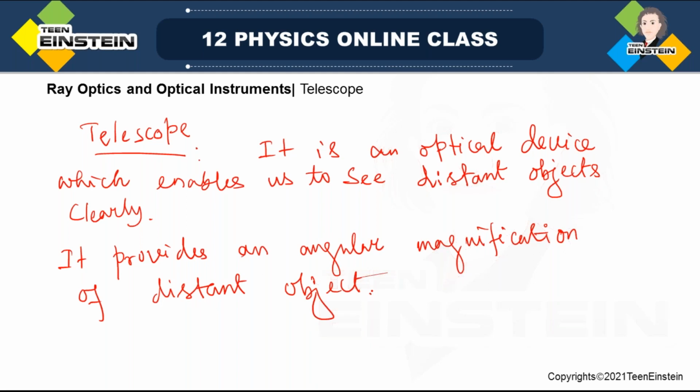Any distant object we will not be able to see with naked eyes. Even though the range of the near point and far point of the human eye is said to be infinity, in practice we cannot see clearly beyond 2 kilometers.